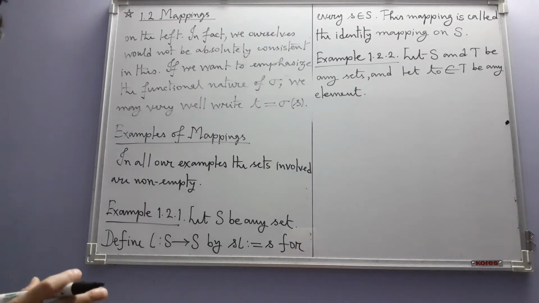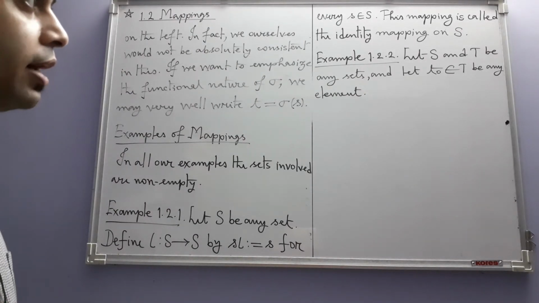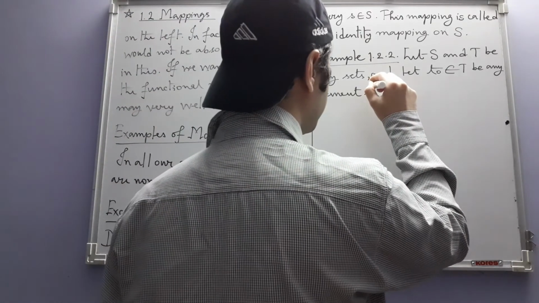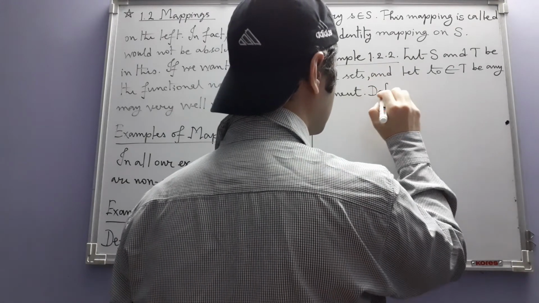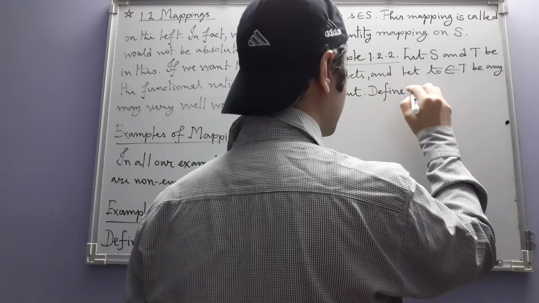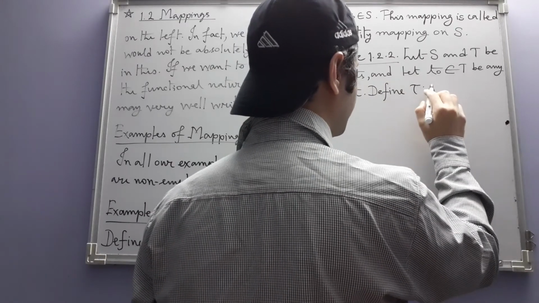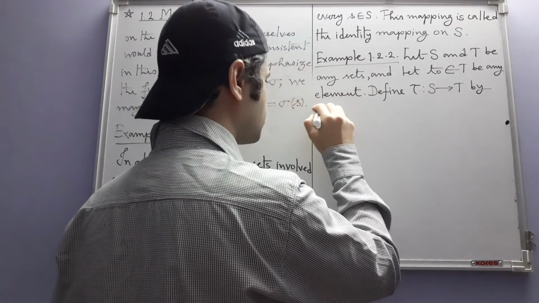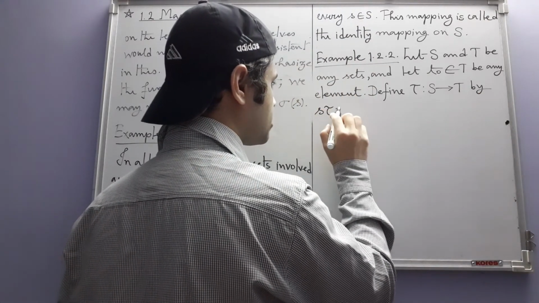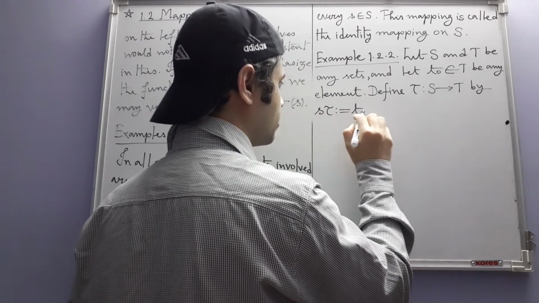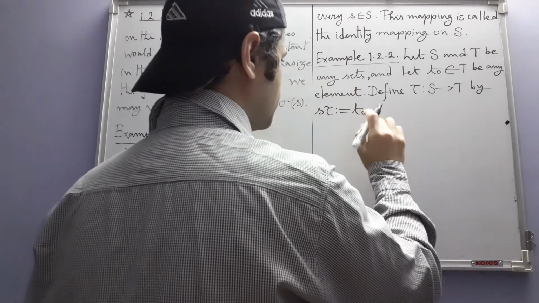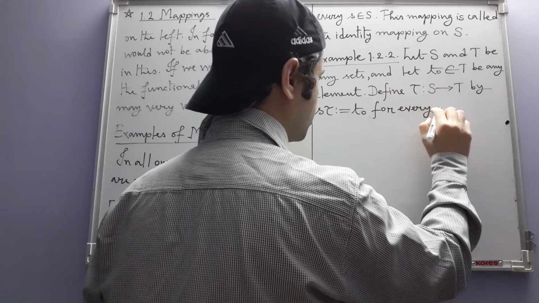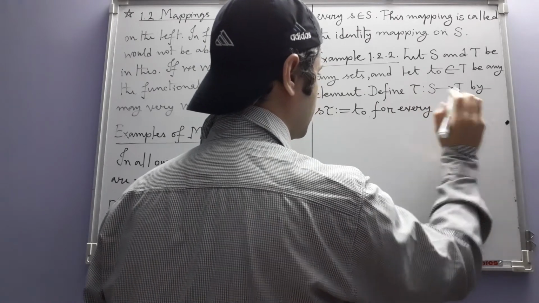Okay, so we now have any two sets S and T, and we have arbitrarily chosen any element t naught in the second set T. Define a mapping tau from S to T by s tau equal to t naught for every s belonging to S.